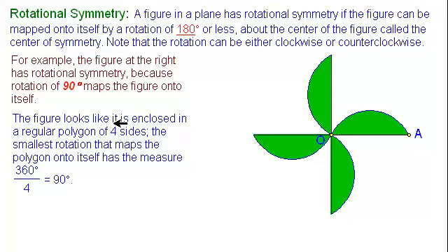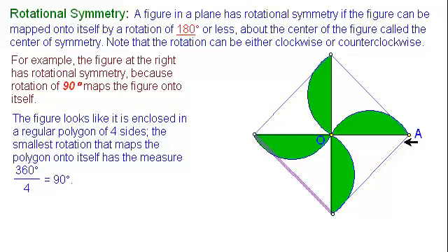Now, when you look at this figure, it looks like it is enclosed in a regular polygon of 4 sides. What I mean is this: if I draw a line like this, this figure is enclosed in a regular 4-sided polygon, which is a square.